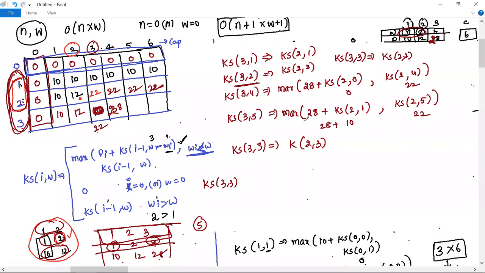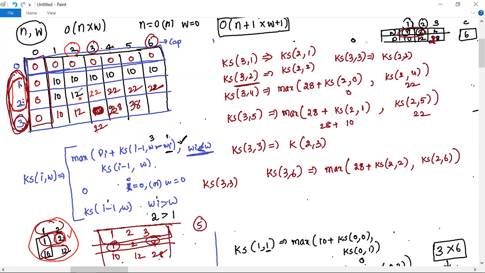Next, case of 3, 5 will be what? Case of 3, 5 will be 38. Next, case of 3 comma 6. What is the meaning? We have three objects and the capacity is 6. That's our target, right? So max of 28 plus Ks of 2 comma, we need to go to 2 comma 6 minus 4, that is Ks of 2 comma 2.